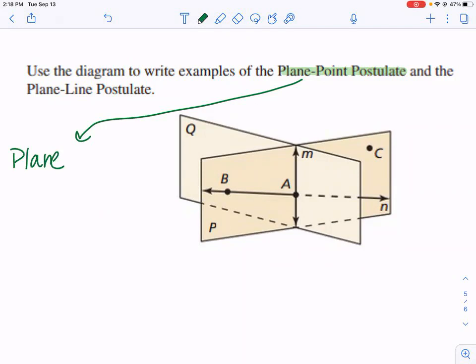So this plane's name is plane P. But you knew that C is one of the points you needed to tell me, right? So plane P contains what 3 non-collinear points?